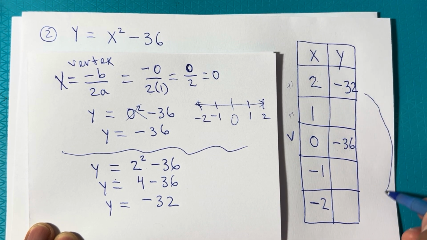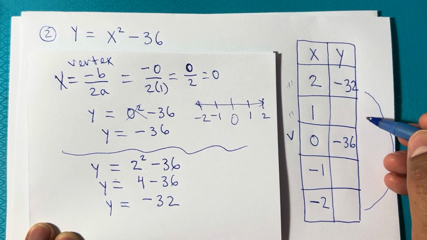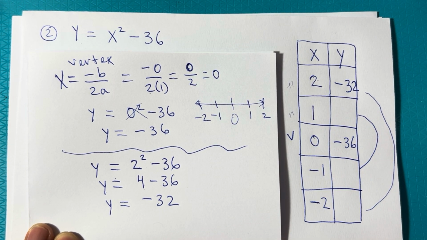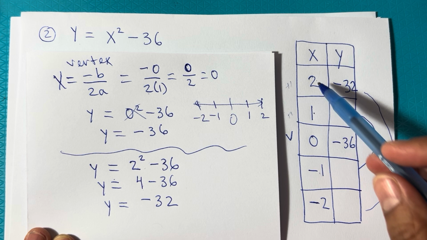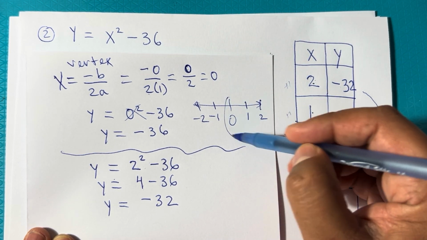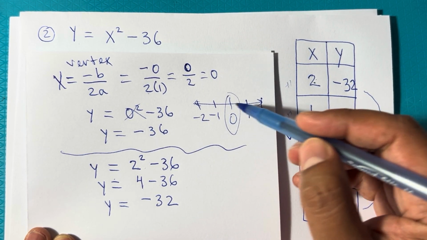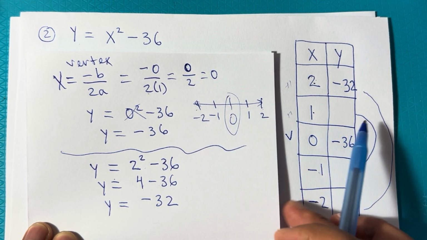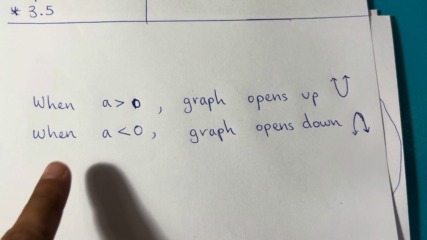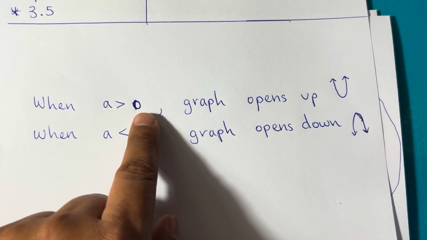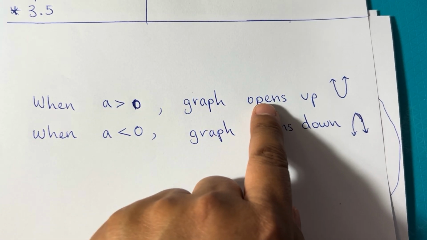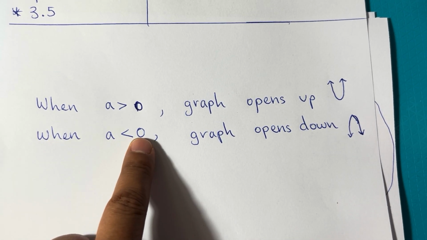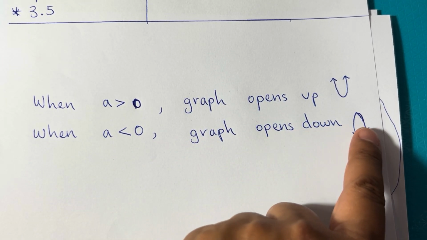Also remember from the previous video, or example 1, that these should look the same and this should also look the same because we chose symmetrical points. So if this is the vertex, we chose 2 points to either side, right next to the vertex x. One more thing, we remember that when a is greater than 0, meaning positive numbers, the graph will open up, and when a is less than 0, the graph will open down.